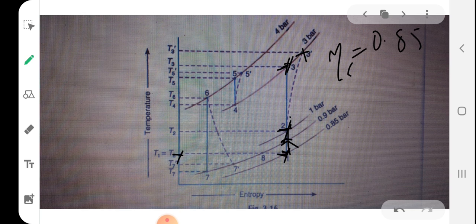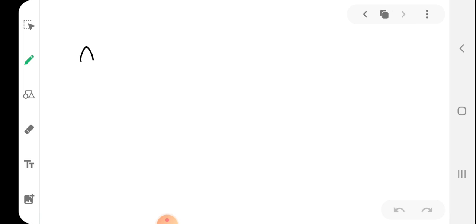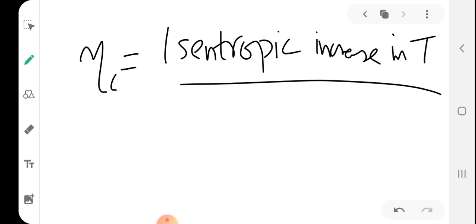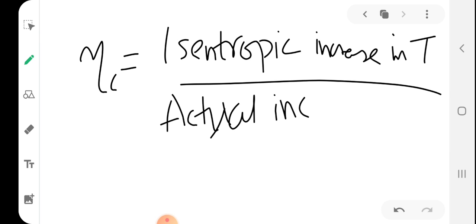So what is the efficiency of the compressor? Efficiency of the compressor is nothing but the isentropic increase in temperature by the actual increase in T. So what is the isentropic increase in T?